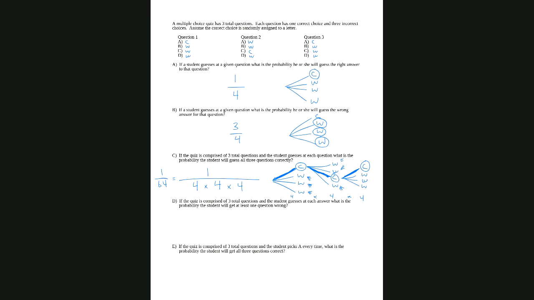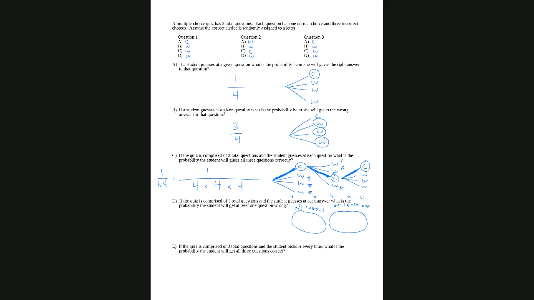So the next question says, what's the chance of the person who's guessing getting at least one wrong? And so answering that requires that we look at the idea of getting all correct and look at that as a complement to getting at least one wrong.